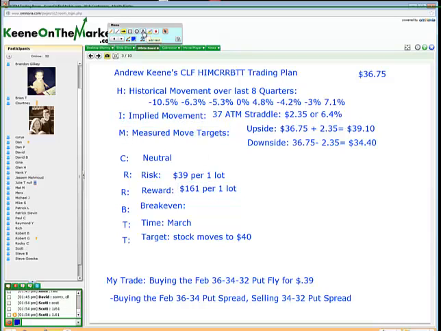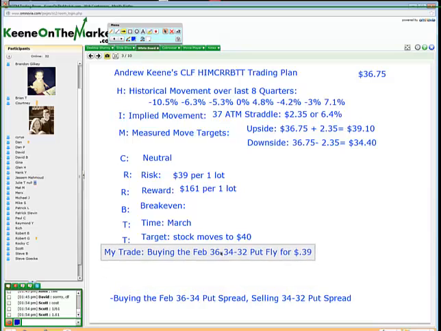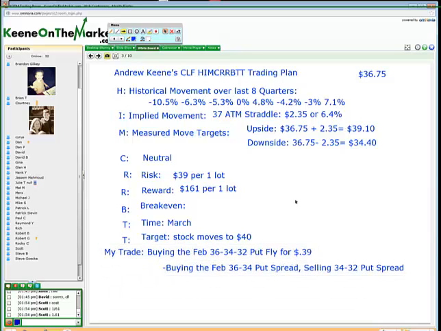I'm always going to have two break evens on a put fly. My lower break even. Okay, so let me try to put this in for you guys. This is a great tip or trick to figure out break evens. So my break even of a put fly: the lowest strike put plus the price of the spread, which is 32.39.